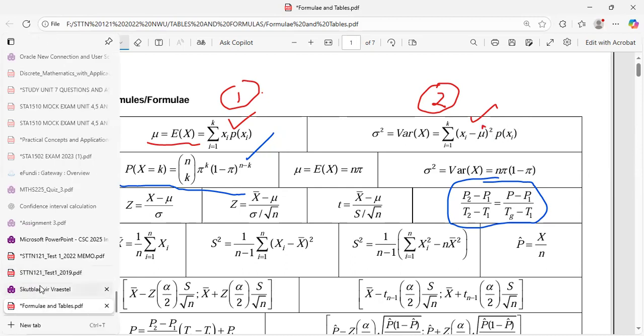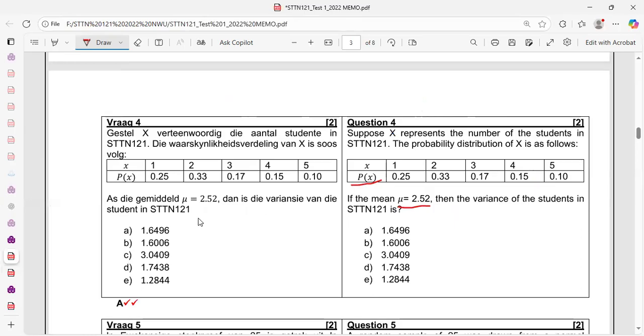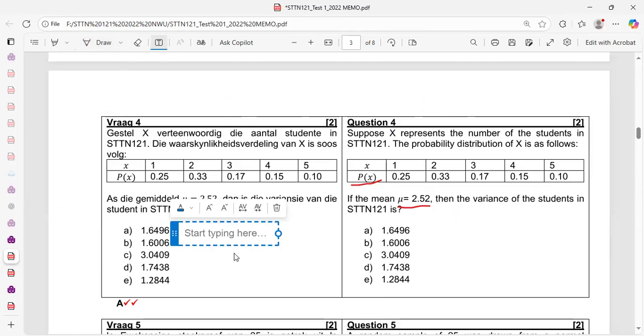Interesting. Let's substitute here. The variance is equal to the formula: X minus the mean. The first value of x is 1 minus the mean 2.52, close bracket, to the power 2, multiply by the px that corresponds with 1, it's 0.25.